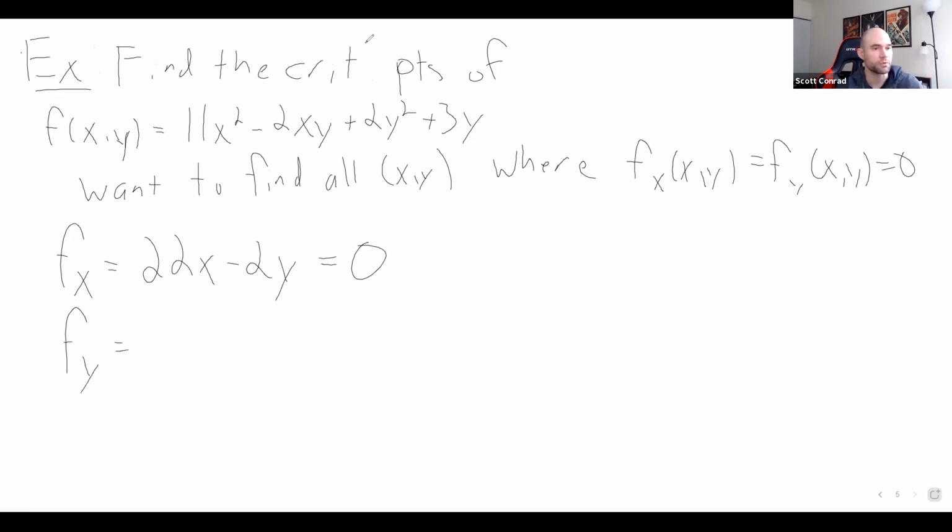And we look at the partial of f with respect to y. So 11x squared becomes 0, minus 2xy becomes negative 2x, plus 2y squared becomes plus 4y, and then 3y becomes 3. And we set that equal to 0 also.